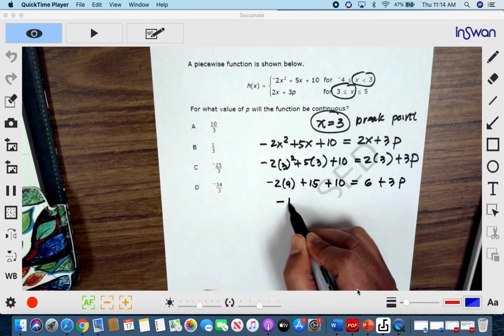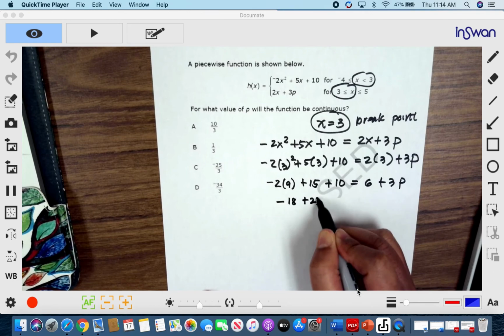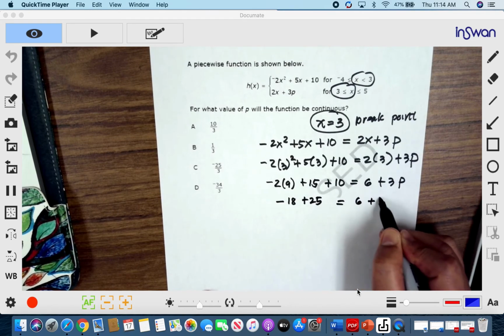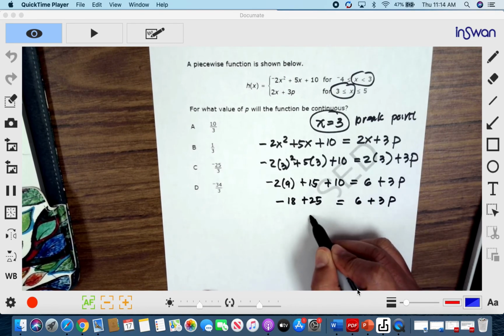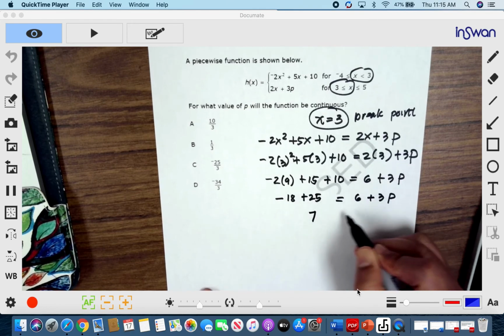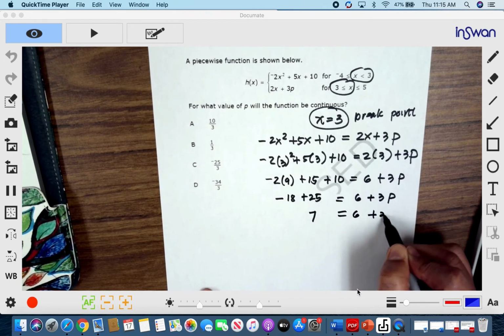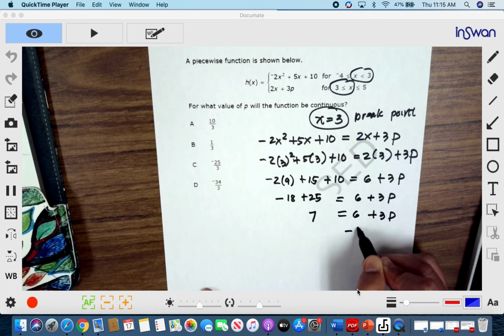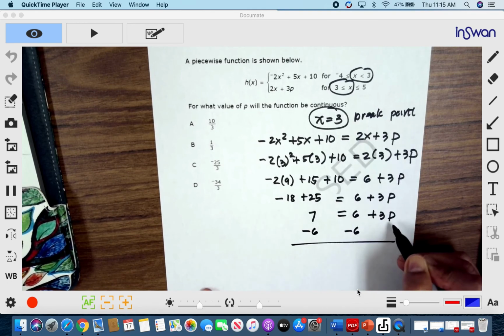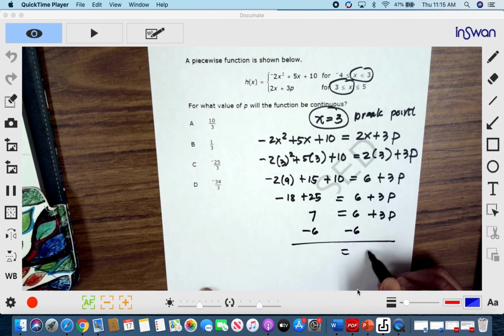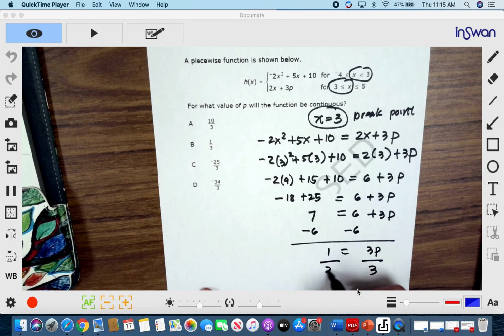So you have negative 18 plus 25 equals 6 plus 3p, which is 7 equals 6 plus 3p. Then you subtract 6 on both sides of the equation because you want to isolate p. So you'll have 3p equal to 1. Divide by 3, and p is equivalent to 1/3.